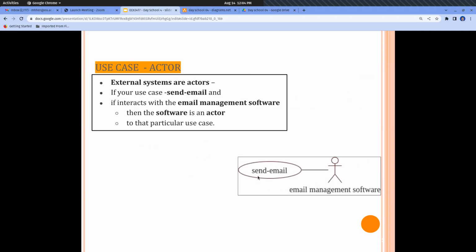Suppose from this software system we generate some emails and send them to other software, the email management software. That outside system, the email management software, also becomes an actor.